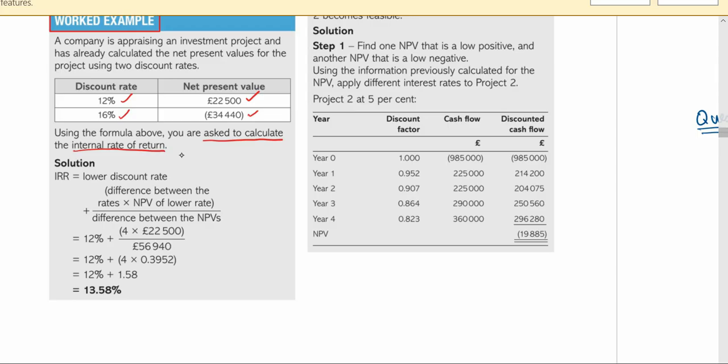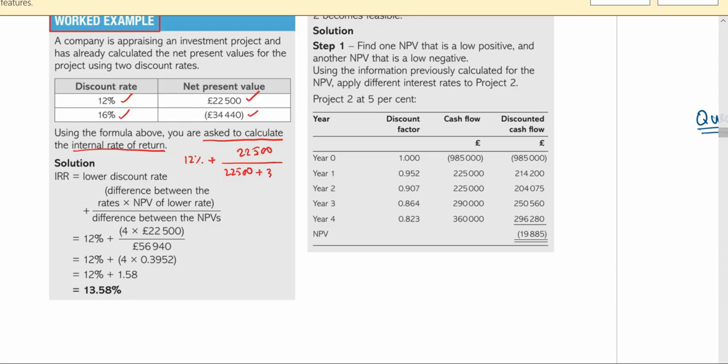What is the lower rate? The lower rate is 12% plus net present value of lower rate, 22,500, divided by 22,500 minus negative 3,440. Minus minus will be plus, so we already write plus here.